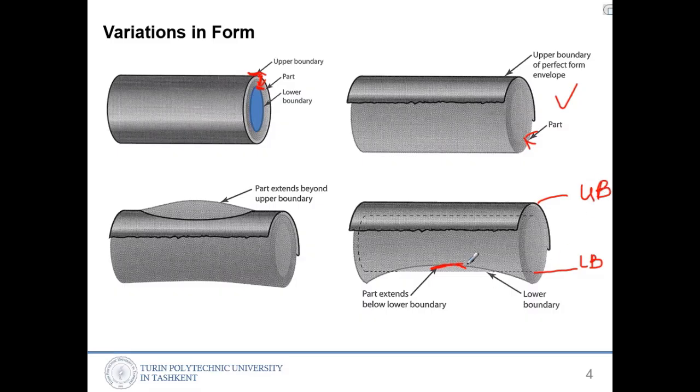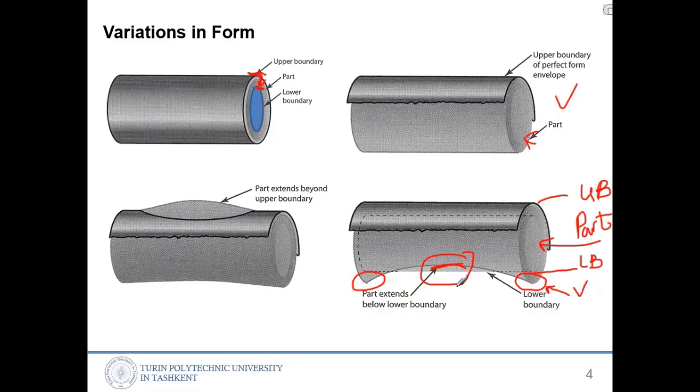Here you can see this is a part. The part has become smaller than the lower boundary, so that's not good. And here the part has exceeded the upper boundary and become bigger, so that's also not good, but you can repair it in the next operation.